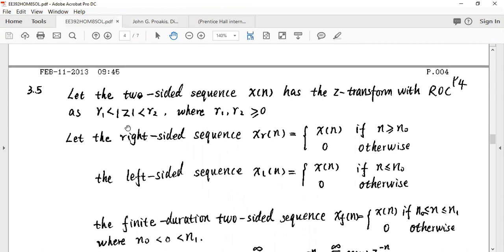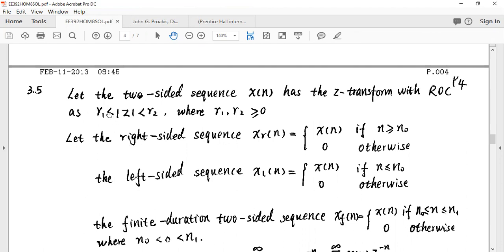Okay, for this, let the two-sided sequence x of n have its transform with the region of convergence as R1 is less than the modulus of z, which is less than R2, right?